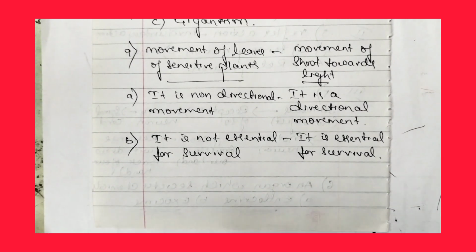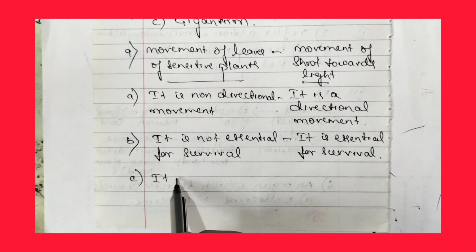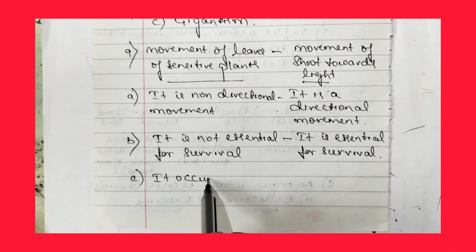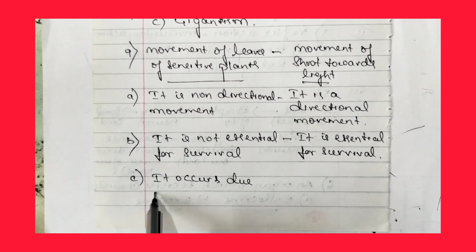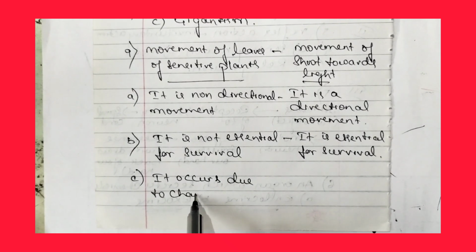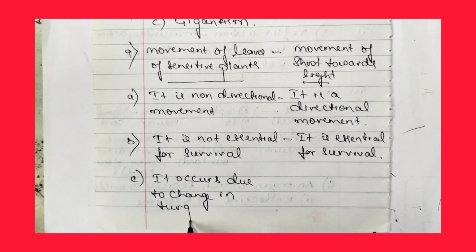Then the third difference between them is, the leaves of the sensitive plant close and open because it occurs due to change in turgor pressure.